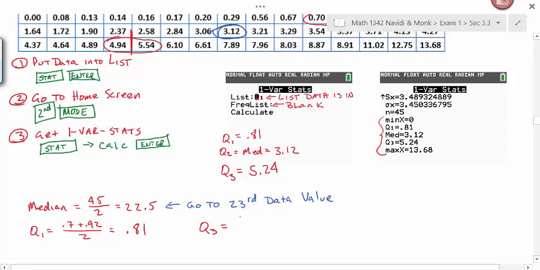Q3 would be equal to 4.94 plus 5.54 divided by 2. And what do we get when we do that on our calculator? 5.24.